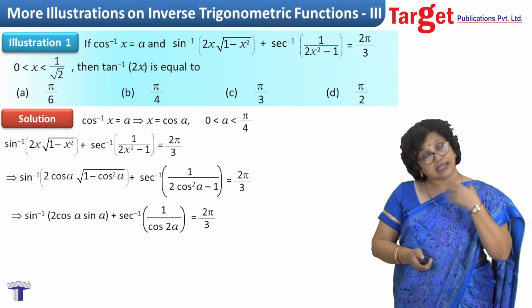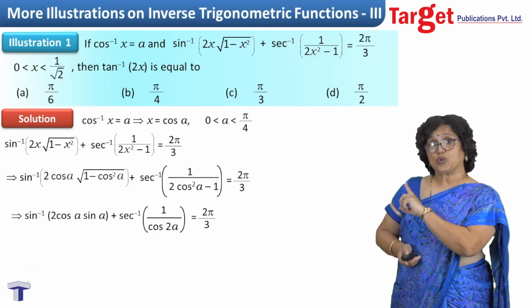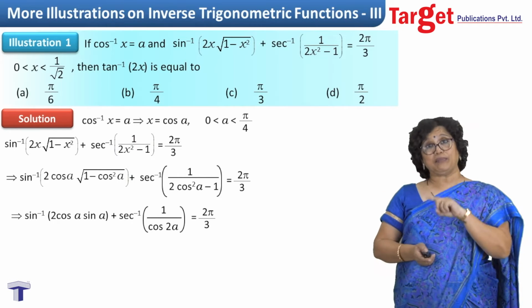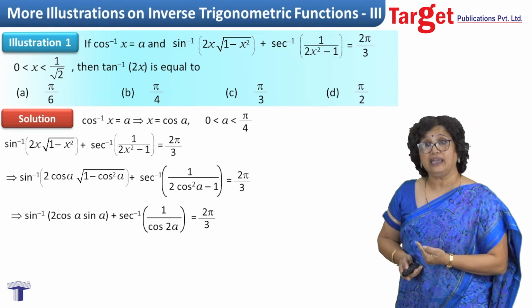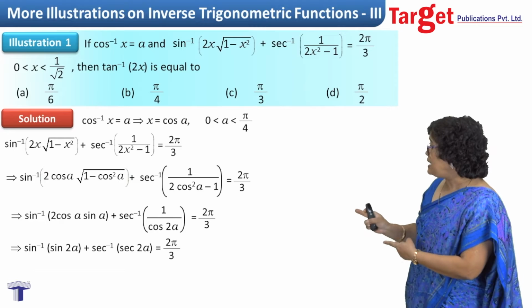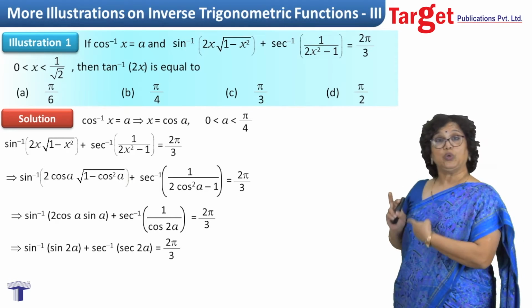And I can further rewrite it: the 1 upon 2 cos square a minus 1 part I have written as 1 upon cos 2a, and that under root 1 minus cos square a I am replacing by sine a, and hence finally on simplification I write it as sine inverse of sine 2a plus sec inverse of sec 2a equal to 2 pi by 3.